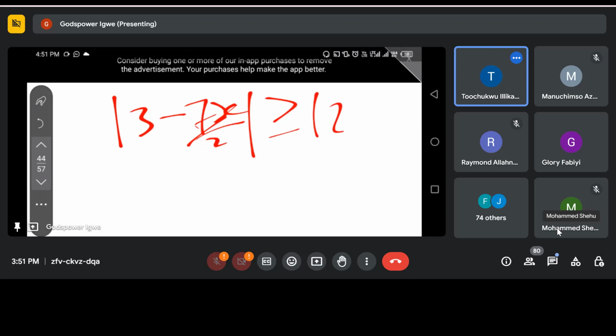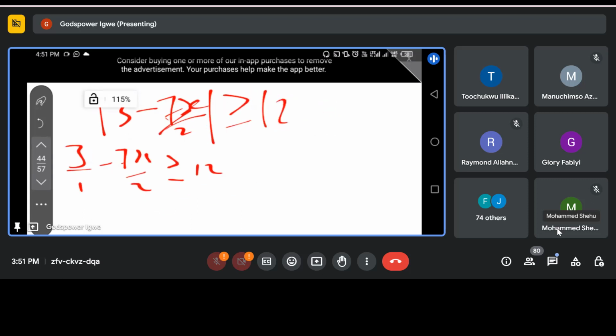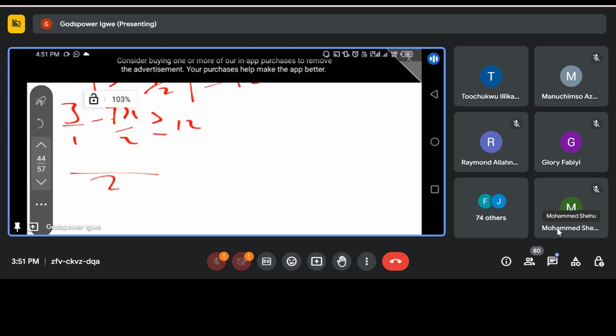We know this to be exactly this: 3 over 1 minus 7x all over 2 greater than or equal to 12. This will now be, 2 divided by 1 is 1, times 3 is going to give us 6, minus 2 divided by 2 is 1, times 7 is 7x. And then we have greater than or equal to 12.